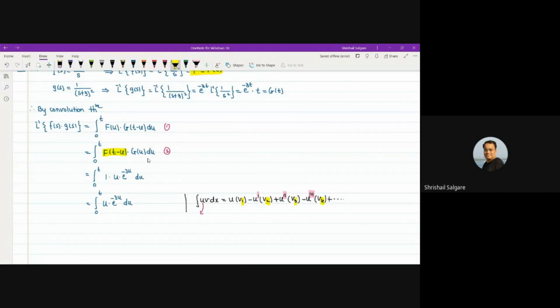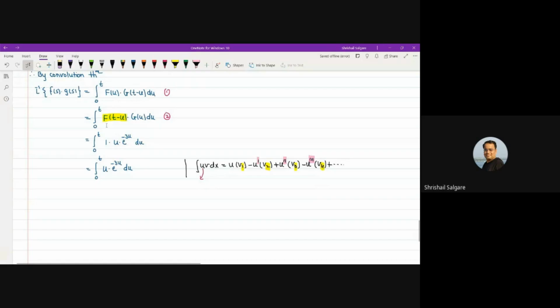Now in our example, what is your choice of u? That u itself, because when you take derivative with respect to u, after some derivative it vanishes.